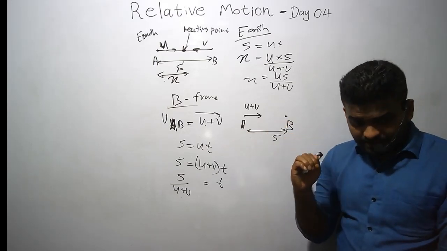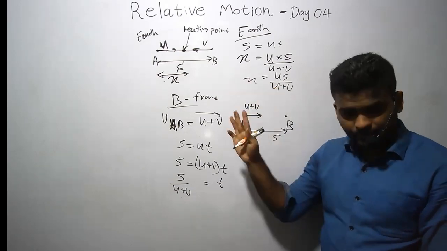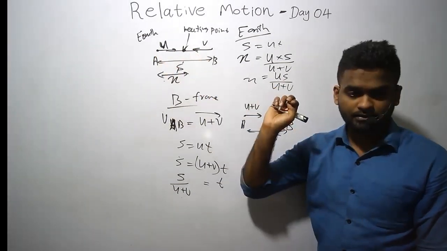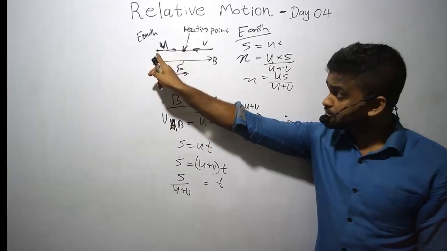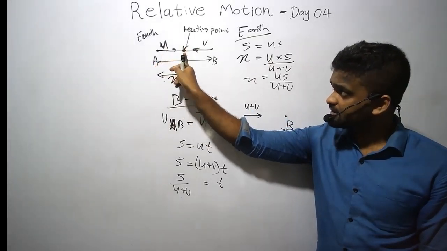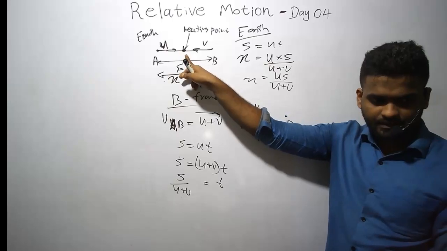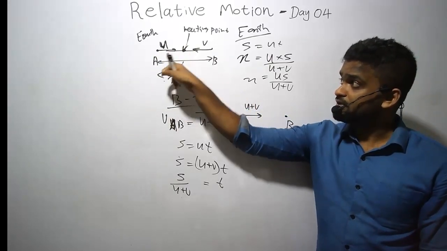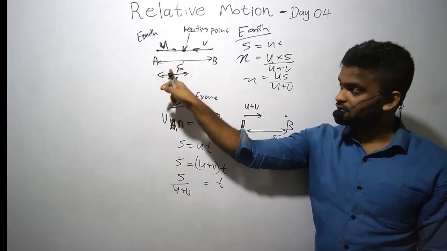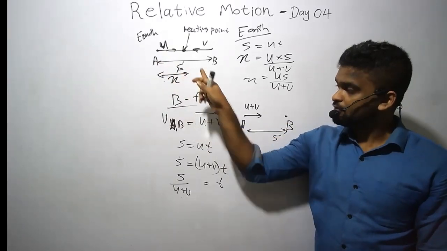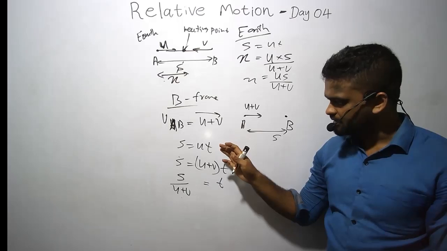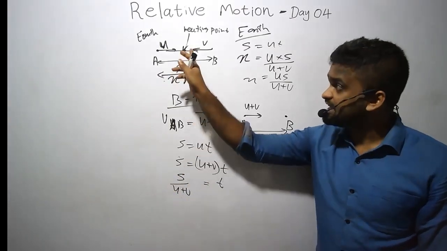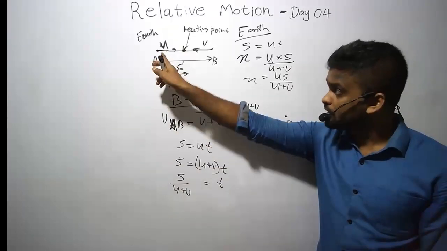What happens in Earth's frame? In Earth's frame, A and B both are moving. What they ask is the distance to the meeting point. They meet here, right? What they ask is the distance to this meeting point from A. So that is x. We know for the meeting to happen, the time is S divided by u plus v. In Earth's frame, the velocity of A is u.